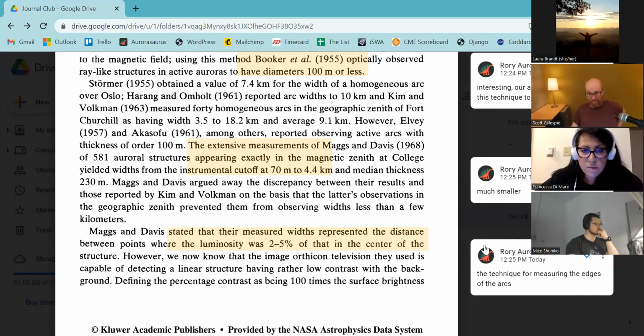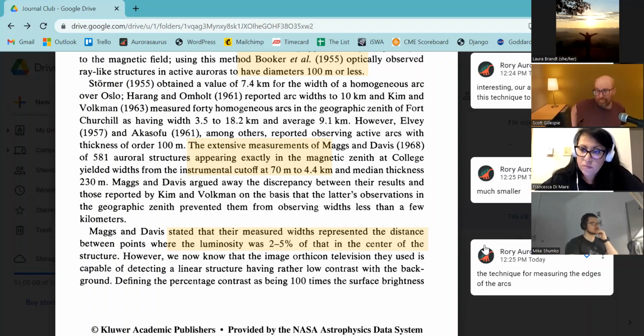But another thing is that there's really not that much of a difference in brightness between the aurora and the background, and we can pull that brightness out with our cameras, but visually that sure makes a difference as to what you can see. Right, and it also would make a difference as to what the measured width would be.